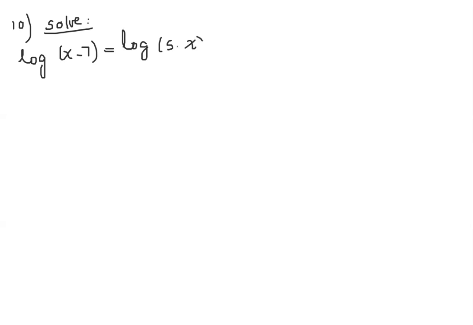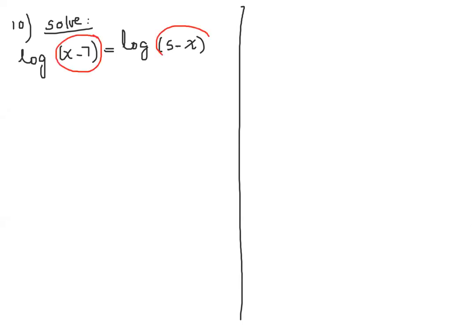So next problem number 10. Solve. So we have, see, the base, there's no base, that means the default number is 10, and we have log on both sides. That means we can say x minus 7 equal to 5 minus x.